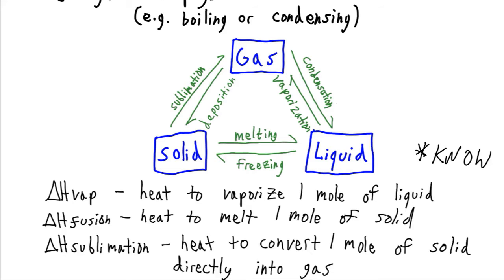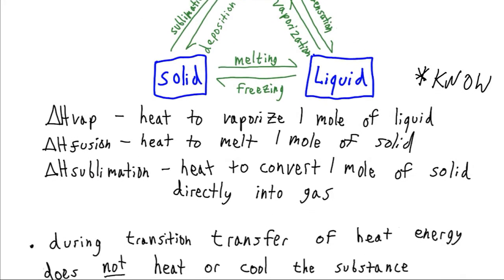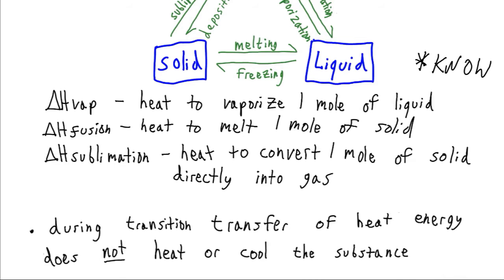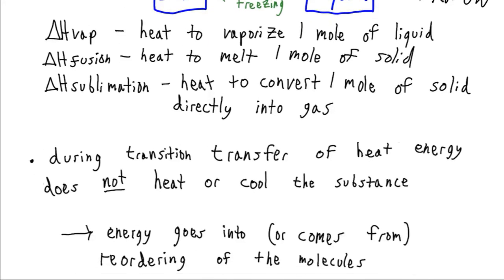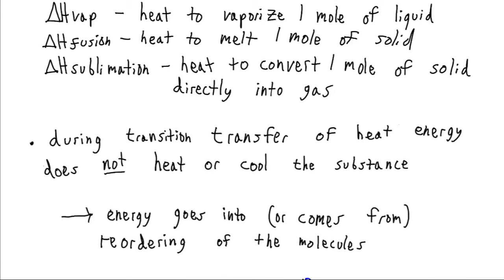Now, something interesting about these transitions. During these transitions, transfer of heat energy to the substance does not heat it, nor does taking heat energy away cool the substance. Instead, what happens is that energy goes into rearranging the molecules, or it comes from rearranging the molecules.